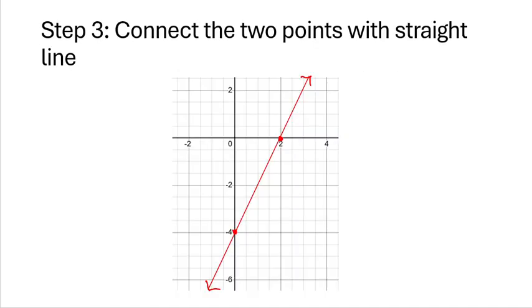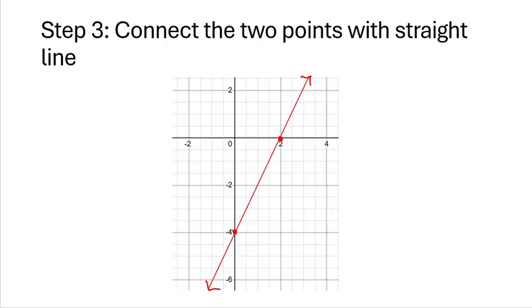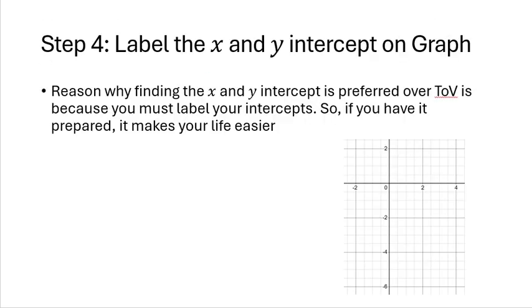Now, step 4 here says to label the x and the y intercept on the graph. The reason why the x and the y intercept method is more preferred over the table values is because you're going to have to label your intercepts on your graph anyway. So if you have it prepared beforehand, it makes your life 10 times easier.